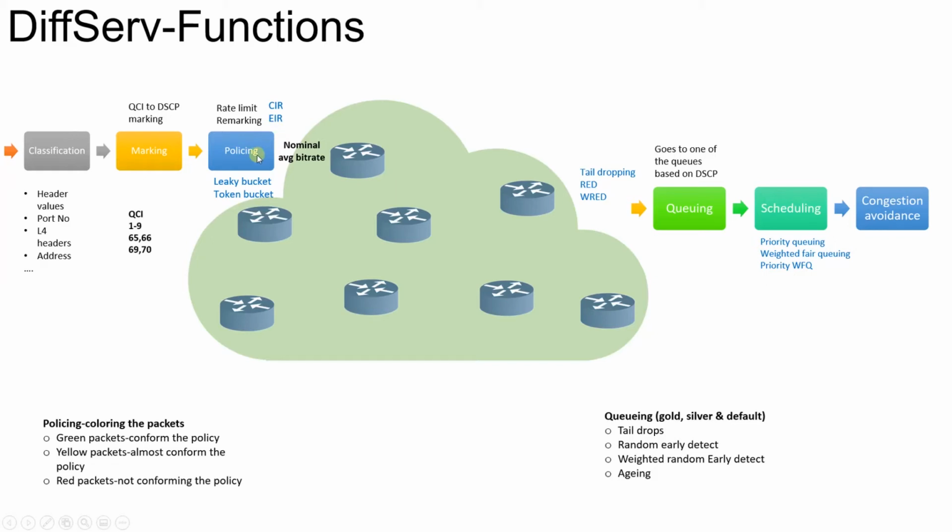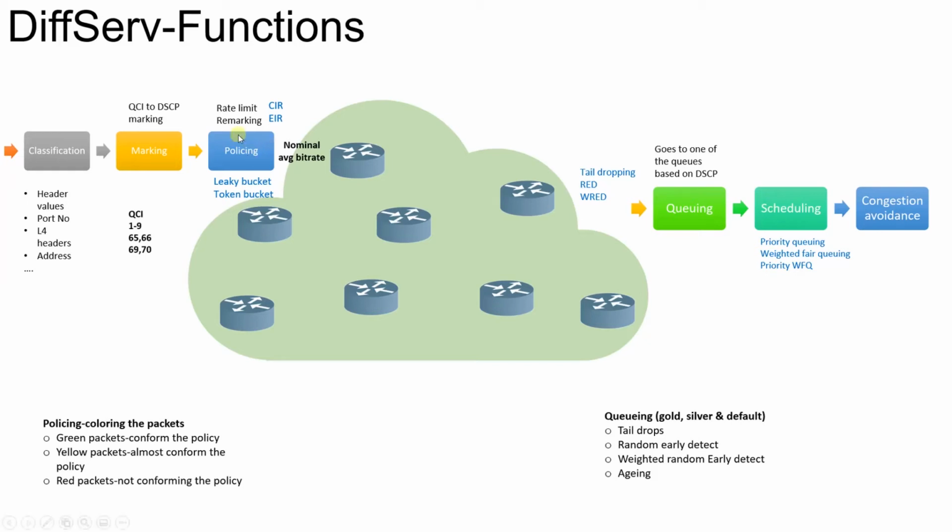For example, the output of the policing link is a 2 Mbps link, which is connected to the internet. But the incoming traffic is 4 Mbps. So we configure two different values in the policing, the CIR value and the EIR value. For the CIR value, at any given point of time, I am committing to the customer that 2 Mbps traffic will flow through the internet.